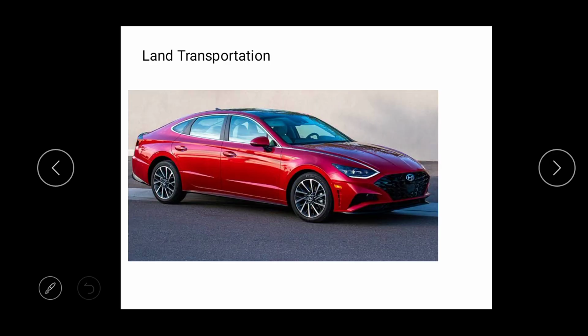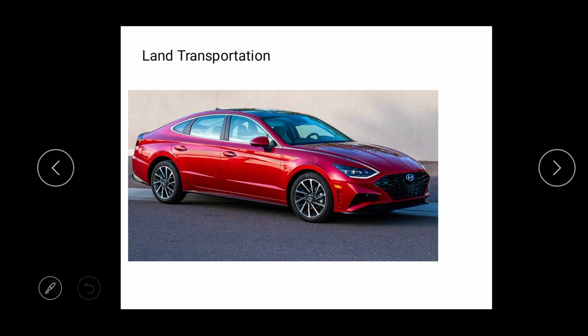Let's talk about land transportation. Land transportation is the movement of goods and people on roads. Different kinds of vehicles are used on the road for different distances. Okay?